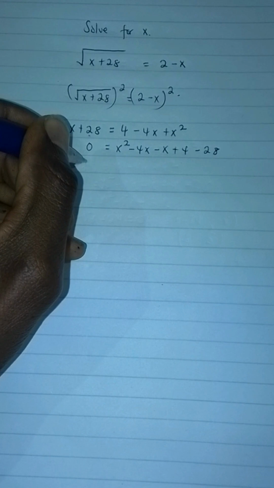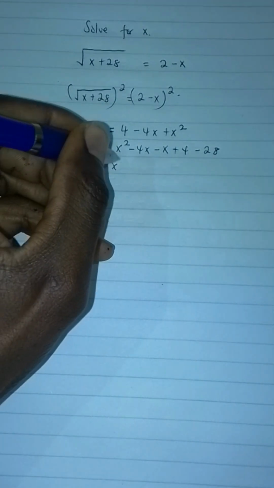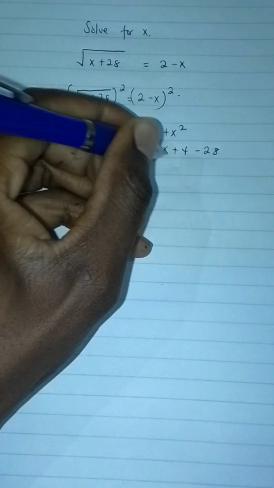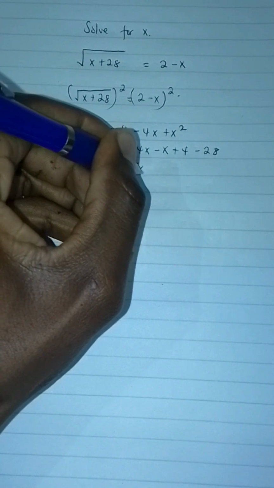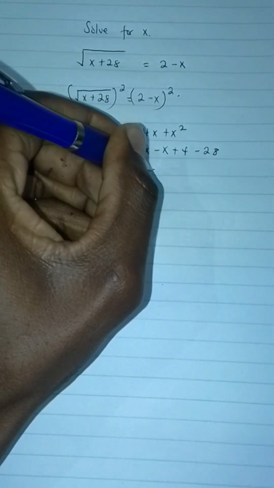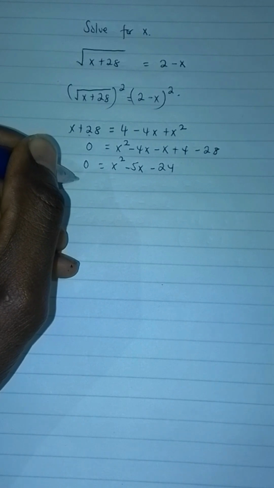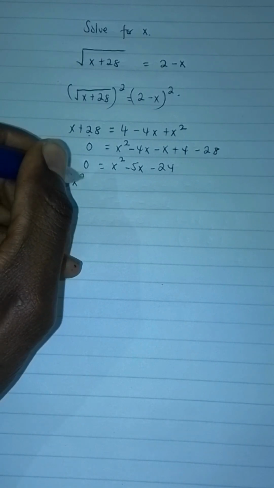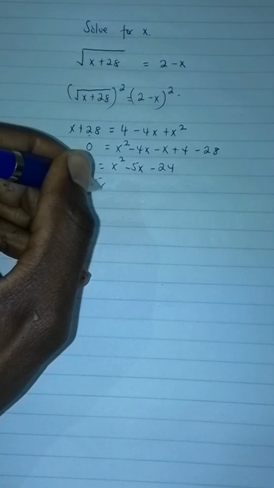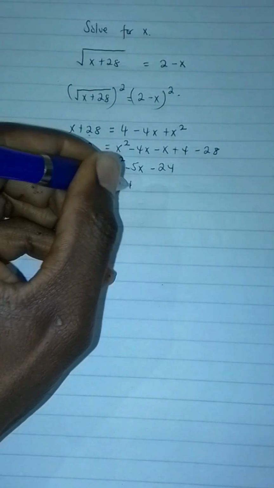Meaning I'll be having 0 is equal to x squared minus 4x minus x is minus 5x, then 4 minus 28 is minus 24. So just to write it properly, this is the same as saying x squared minus 5x minus 24 is equal to 0.